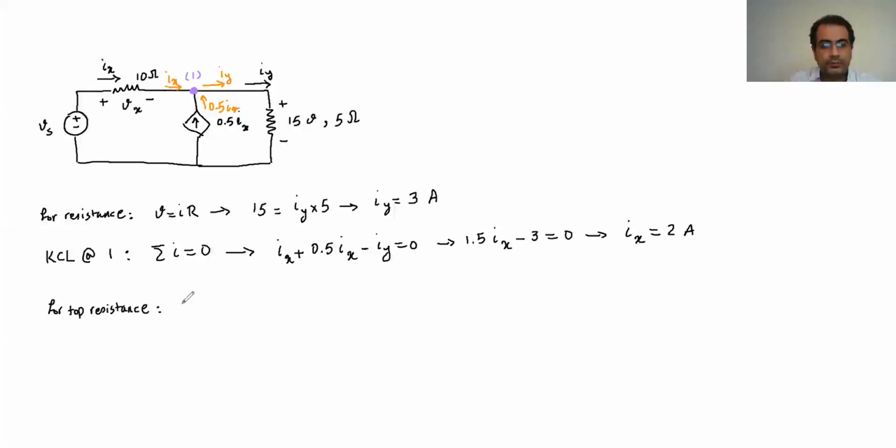The Ohm law says that V is equal to IR, and the voltage is Vx, which we don't know. The I is the Ix, and the R is 10 ohm. The Ix is 2 amp, we know it from the previous step, times 10. So Vx comes out to 20 volts.